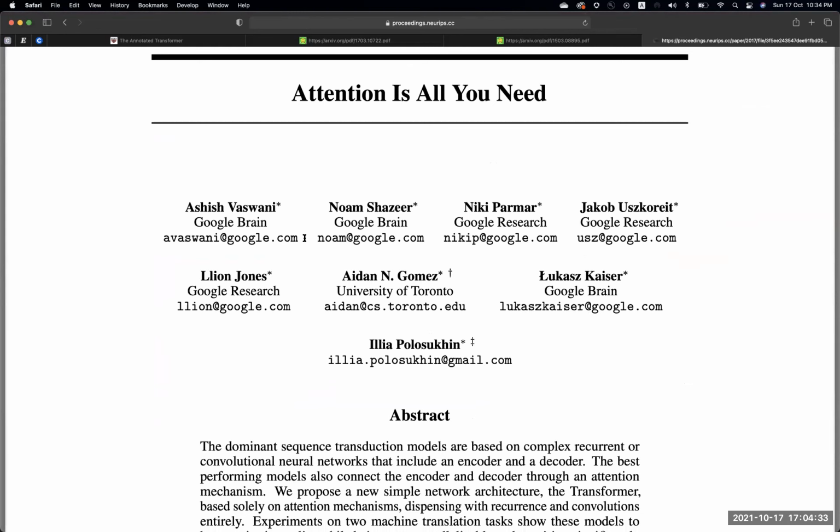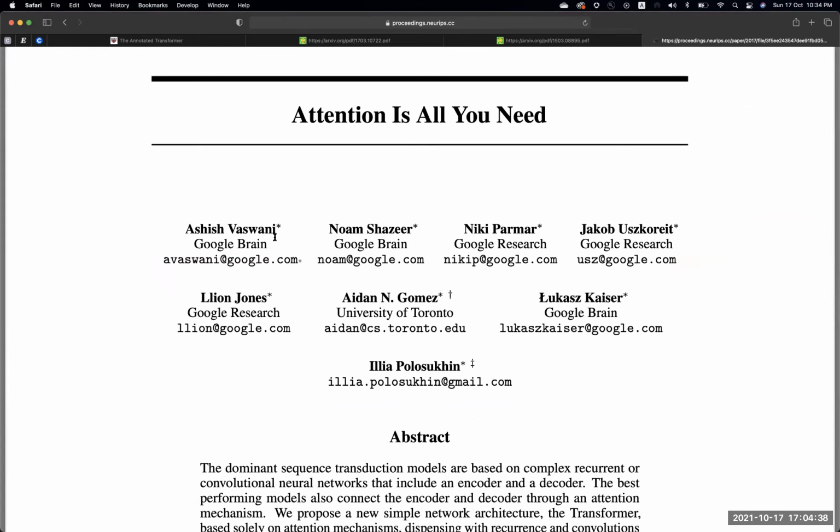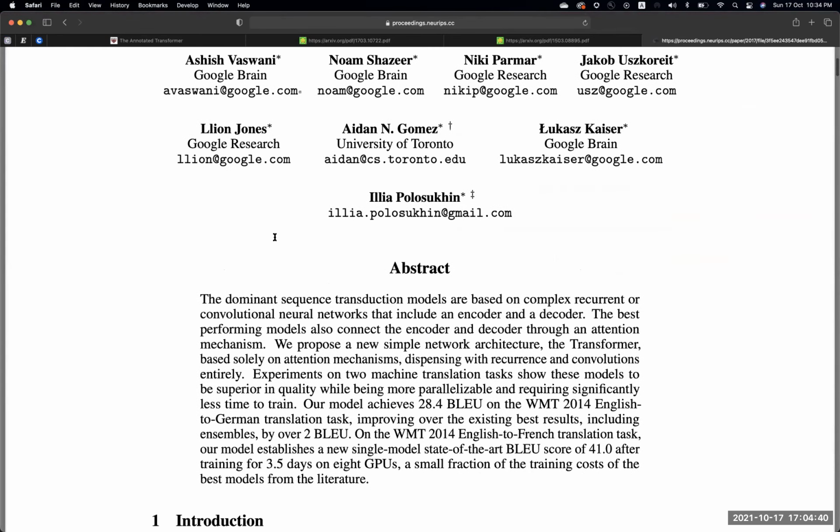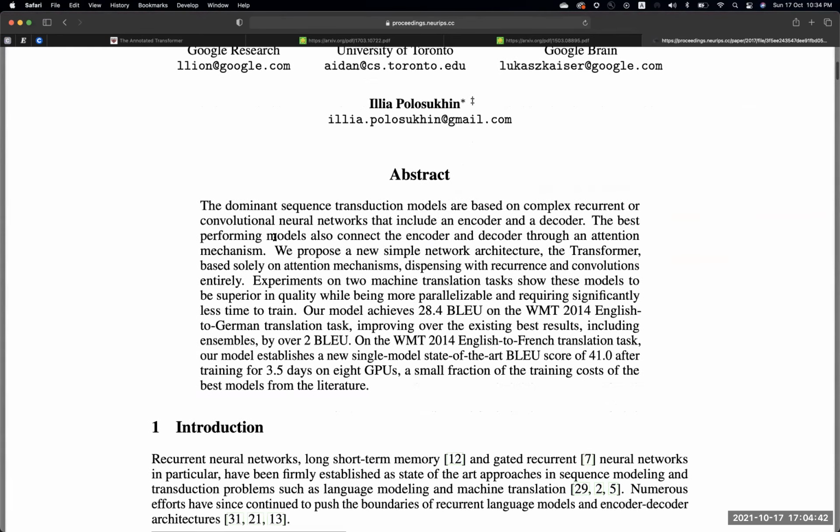So basically, this was the paper mainly by Google folks and some other collaborators from U of T. The main idea of this paper is that we are not going to use the recurrent neural network based representation that we have for encoder decoder, and we would go with simple attention mechanisms.